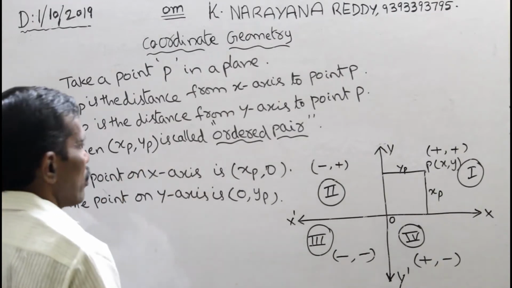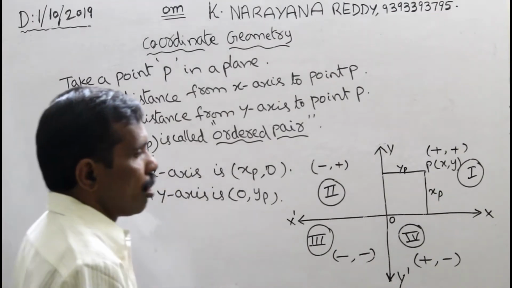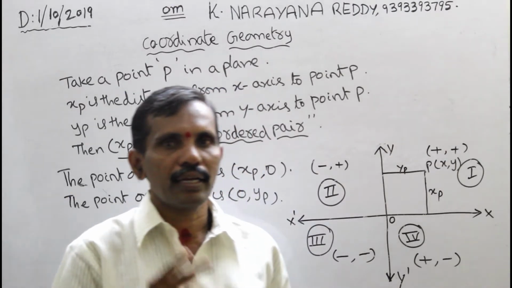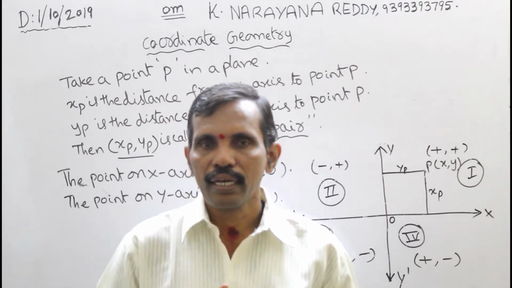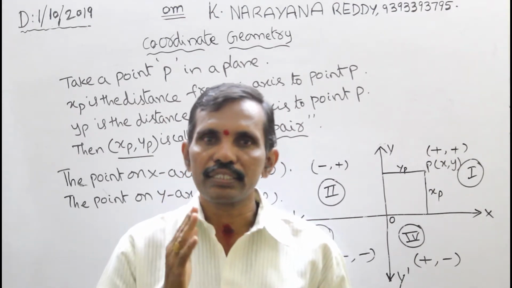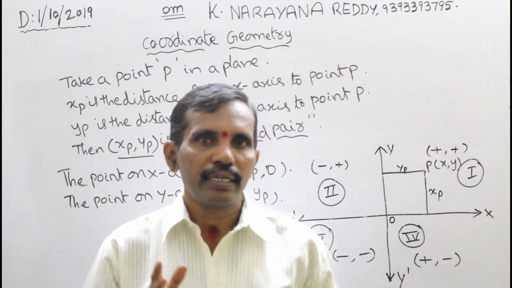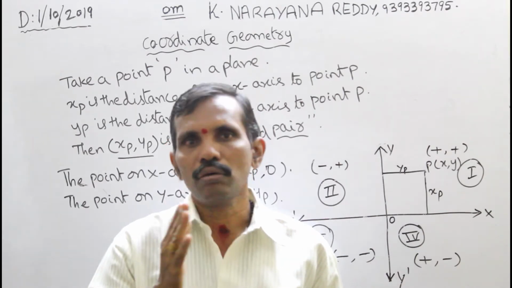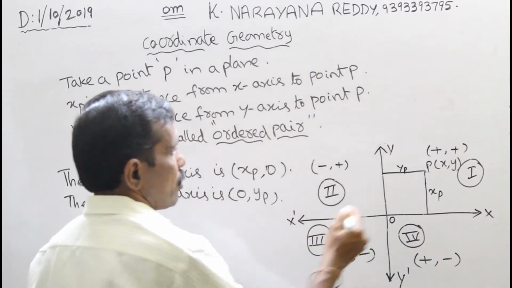This is an ordered pair. The ordered pair contains two coordinates, that is the x coordinate and the y coordinate. The x coordinate is the distance from the y-axis to the point P, and the y coordinate is the distance from the x-axis to the point P. Okay? So this is about the first quadrant.